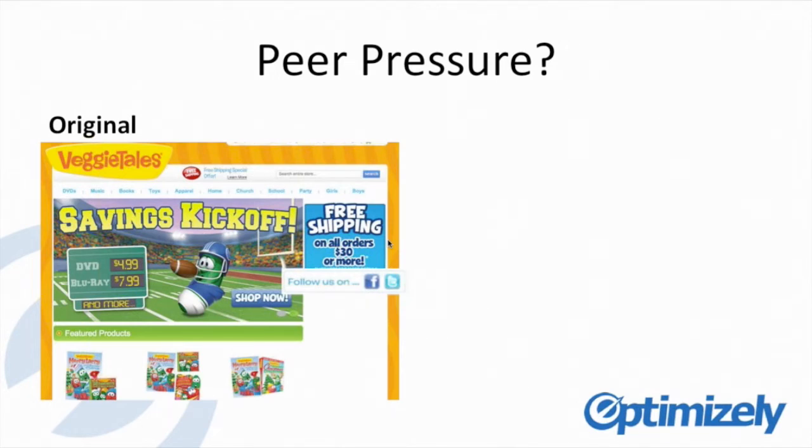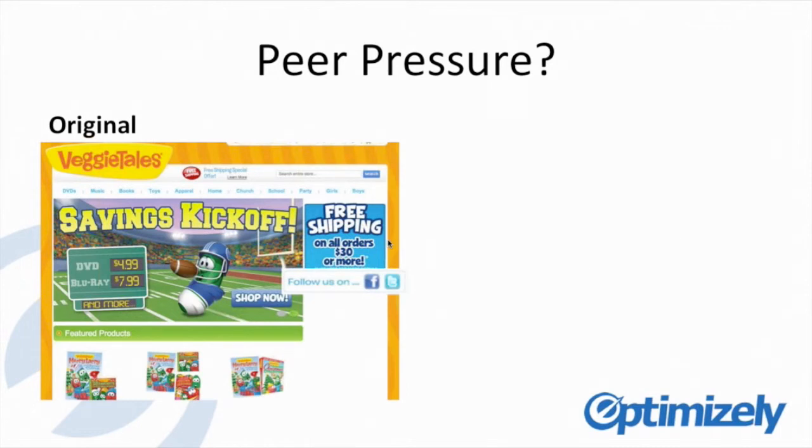But what they actually were really interested in was to see if making the social buttons that were underneath the free shipping banner bigger and more prominent on the page would lead to an increase in, what they thought of as, brand confidence, because they have a really active social community. People share things to their pages.